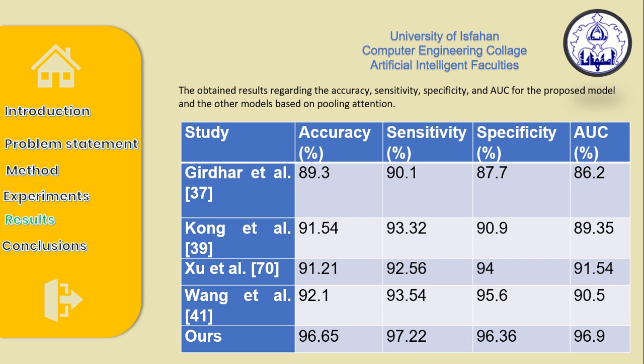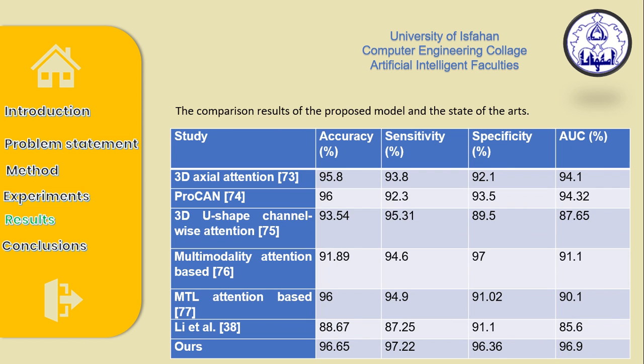Our results we can see here. All these methods have used pooling attention. This is attention-based pooling, and our model has the best performance. The second table refers to the proposed model with the state of the art.